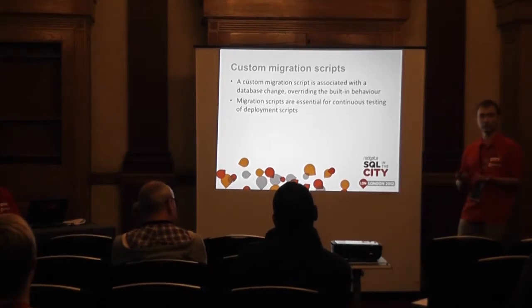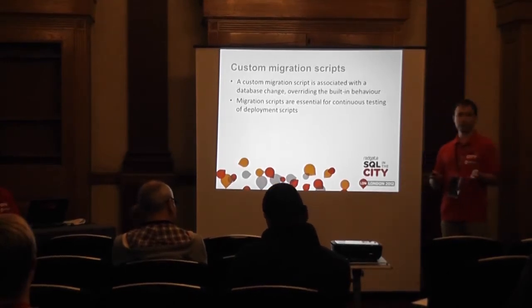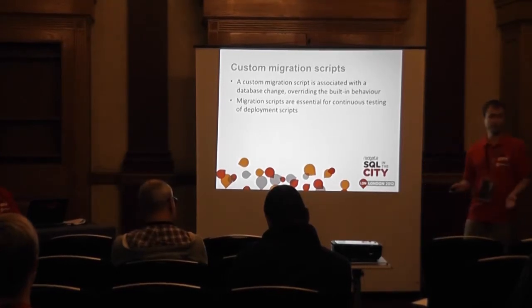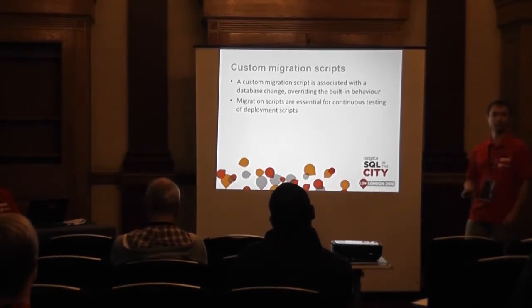It's okay having SQL Compare misinterpret a few things or not have enough information if you're just generating a script using the UI, because you can go in there, make the change yourself, save that off, and that's fine. But in an automated environment, you can't do that. You can't have a manual step every time someone makes a check-in. So this is an essential feature in order to test your upgrade scripts as part of CI.